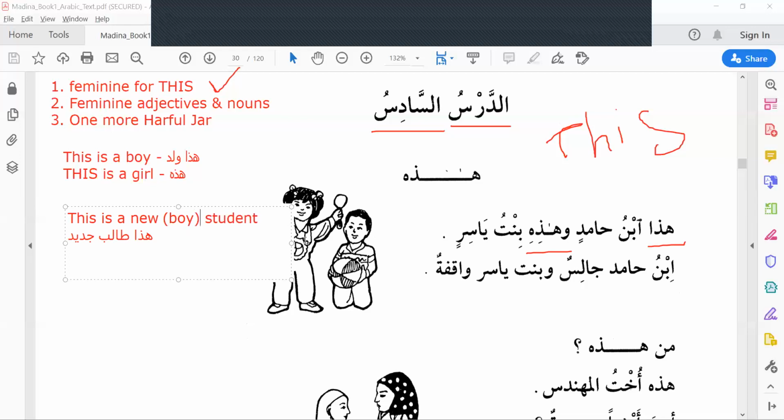If you want to point to a girl student, what do you have to do? This is a new girl student. It's very simple. Same, but put the ta at the end.